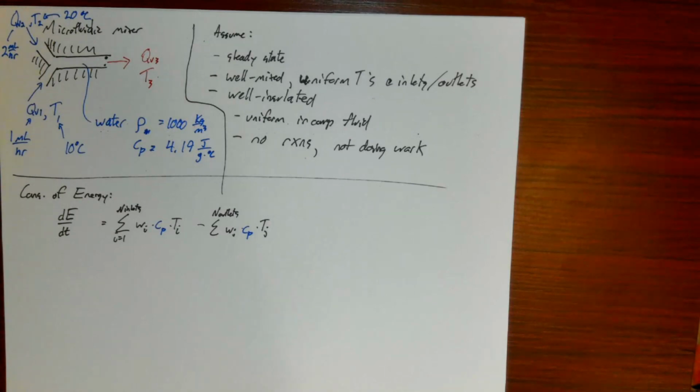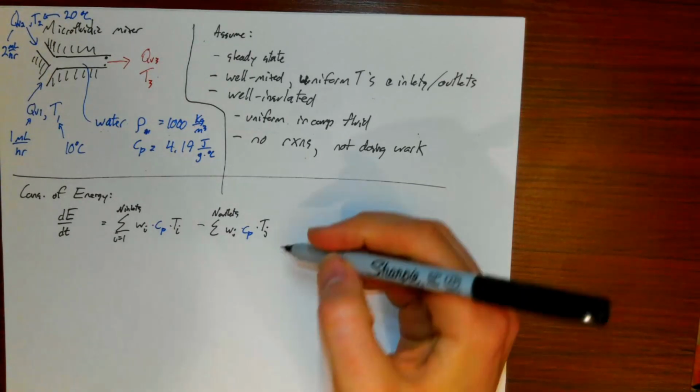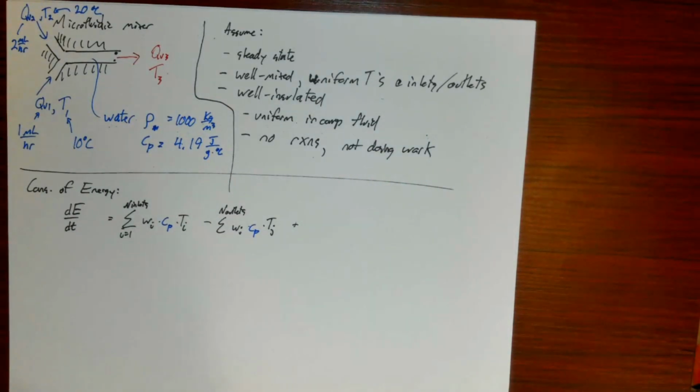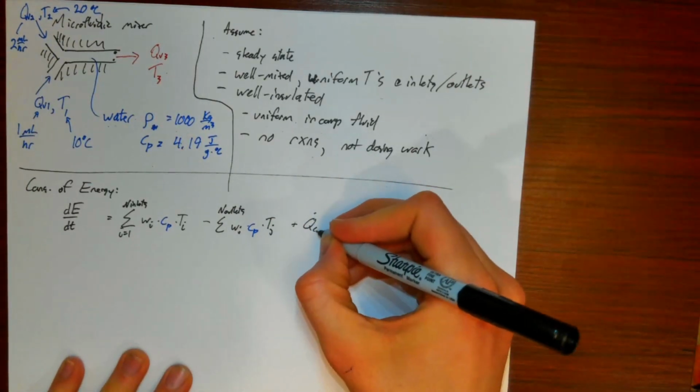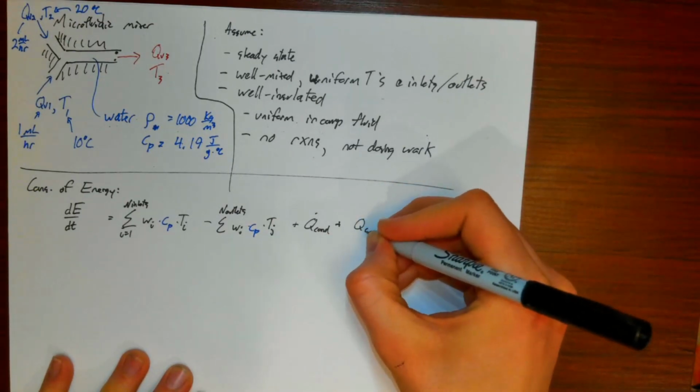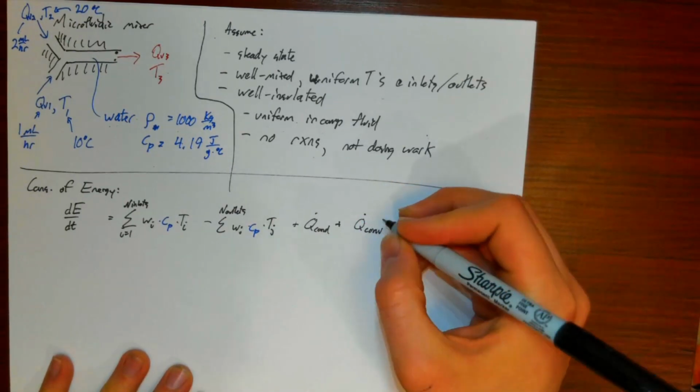In general, from conservation of energy, we could also have the following terms. We could have conduction flowing into our system. We could also have surface convection.